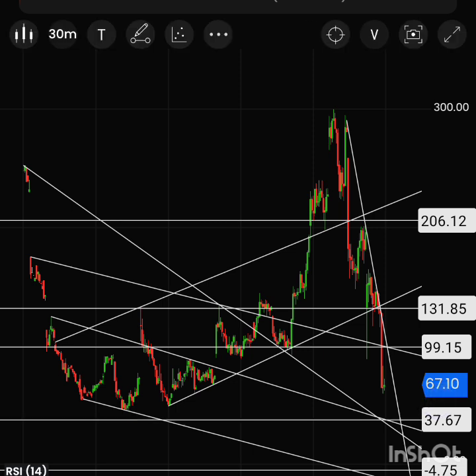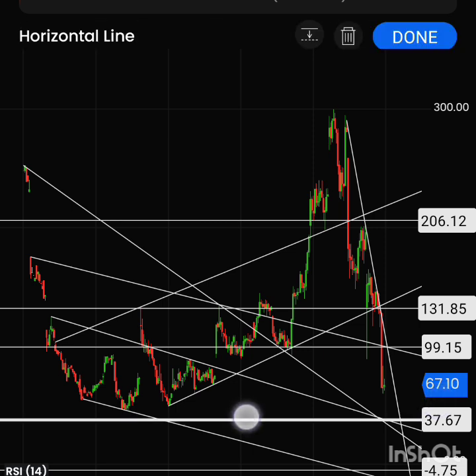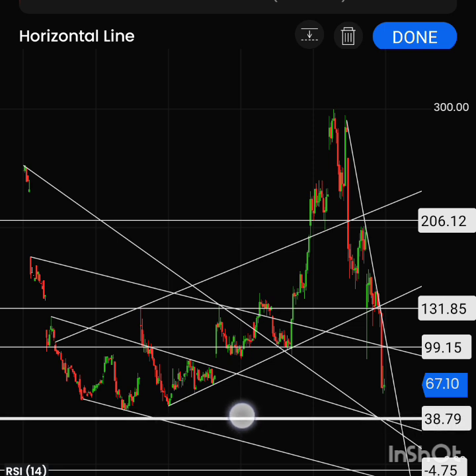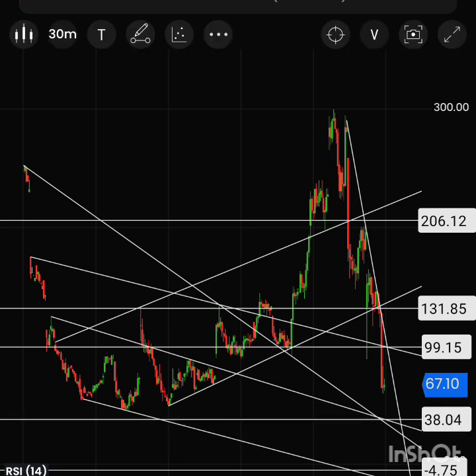This could mostly act as a support today. If we fall below this, the next support will come around the 32 range. If we cross below the 32 to 30 range, then the CE would mostly go to 0.